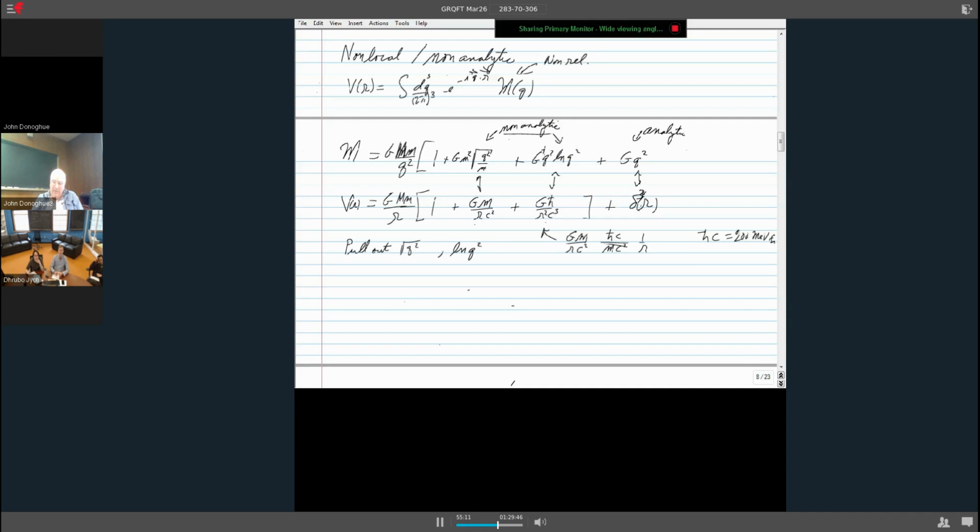The easiest way to see that, let's see, we know that GM over R C squared is dimensionless, and we know that M, let's see if I can, H bar C is 200 MeV Fermi.